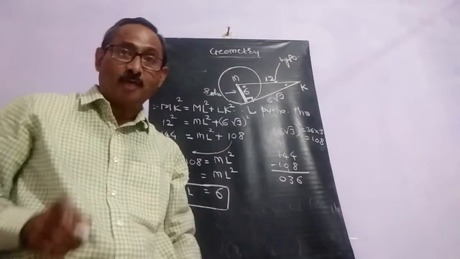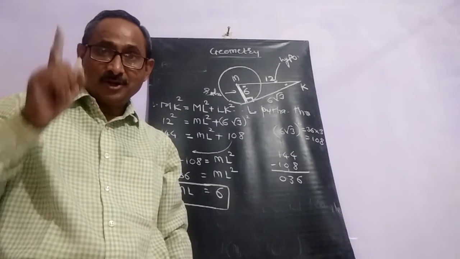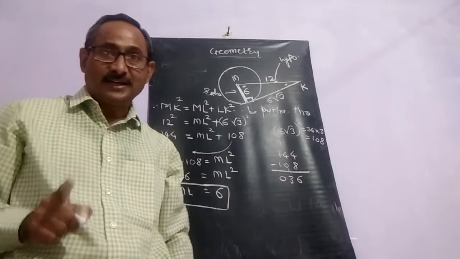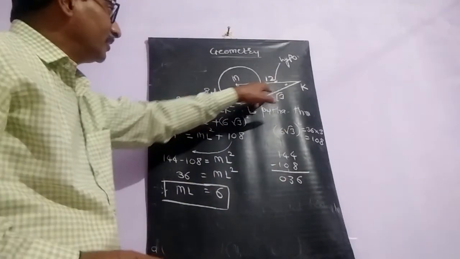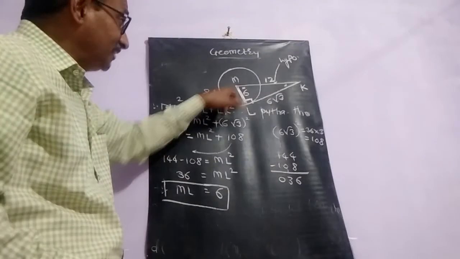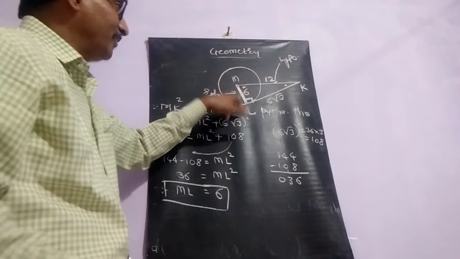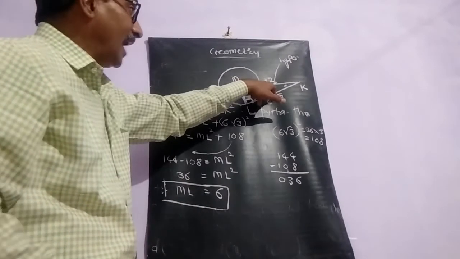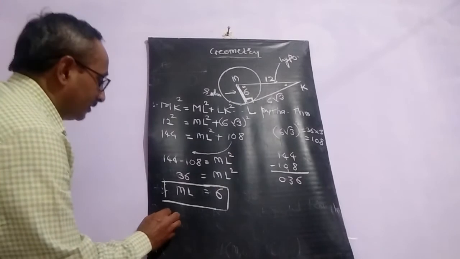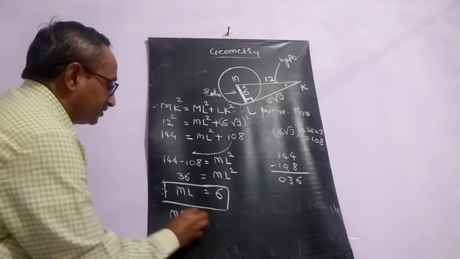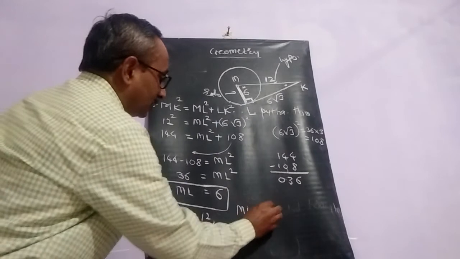By the converse of the 30-60-90 degree theorem, if this is the hypotenuse and this is the side in front of it, the hypotenuse is 12, meaning MK is equal to 12 and ML is equal to 6.